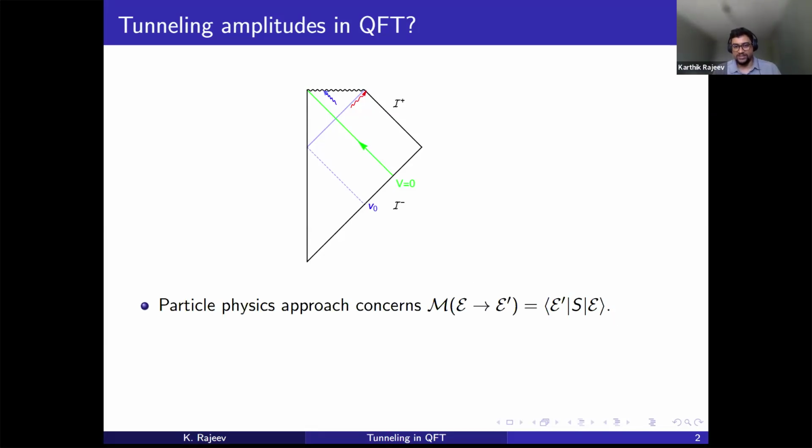For simplicity, let's look at the scattering amplitude of a zero angular momentum massless scalar field state. So E is the initial energy and E prime is the final energy. M is the amplitude and S is the S matrix.